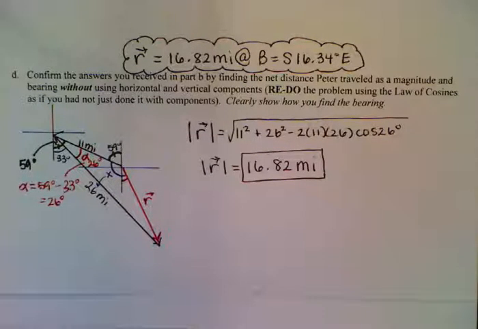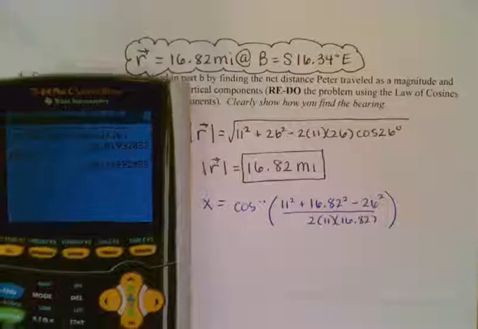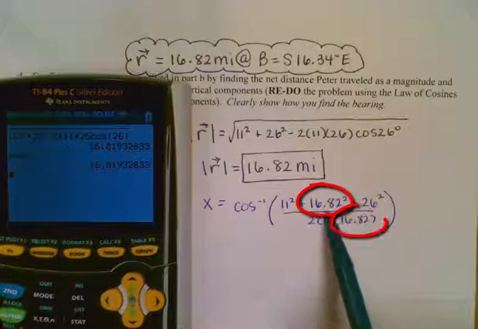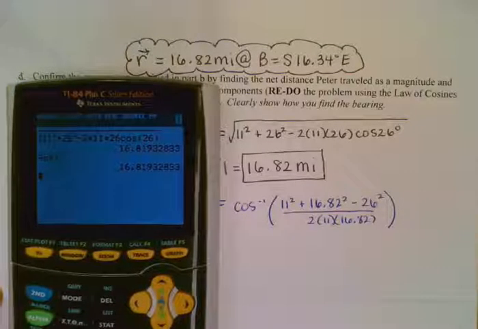So when we write out our formula for that, we're going to need to put minus 26 squared last. Okay, so we'll write out our formula. Of course, use your stored value in the calculation, even though I put 16.82 in the formula, I'm not going to actually type that into the calculator.